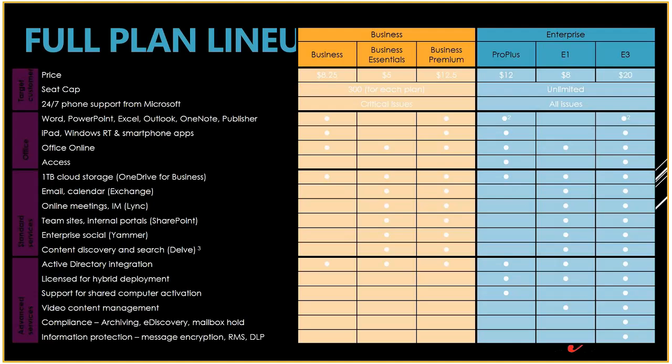Then we have the Business Premium and the E3. That's a combination. On the business side, it's the combination of business and business essentials. And in the case of the enterprise, it's Pro Plus and E1. It essentially is all that stuff plus Office.